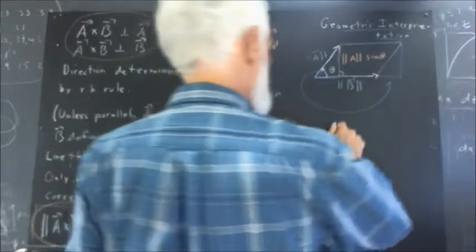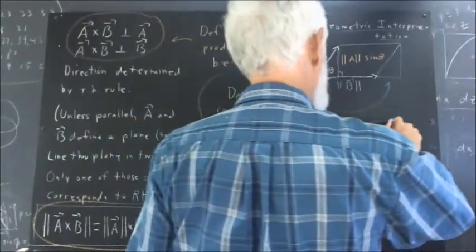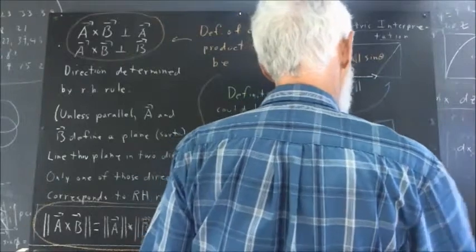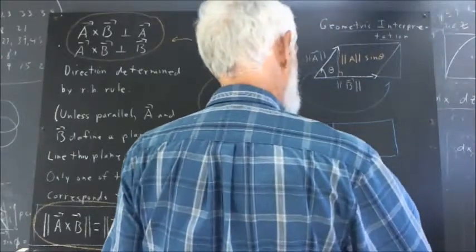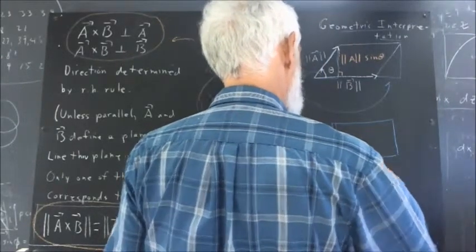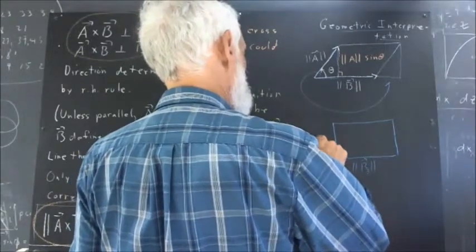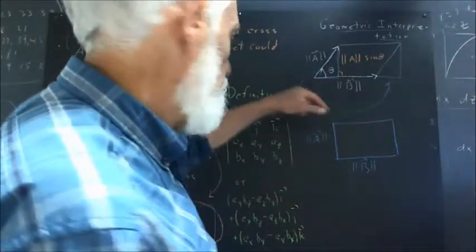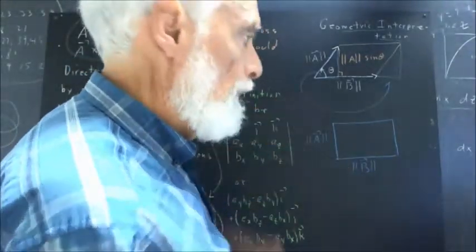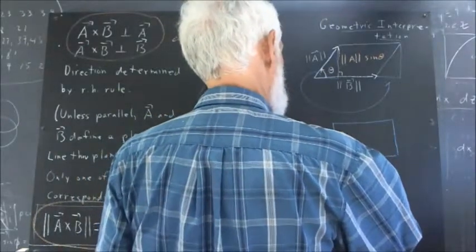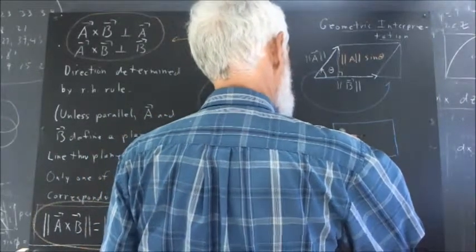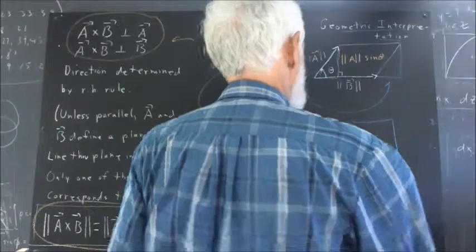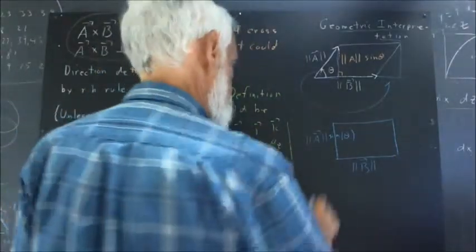Well, now what we've got is a rectangle whose base is magnitude of B, and whose width is magnitude of A times the sine of theta.